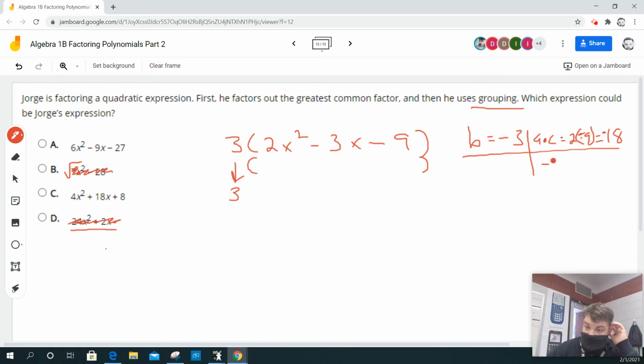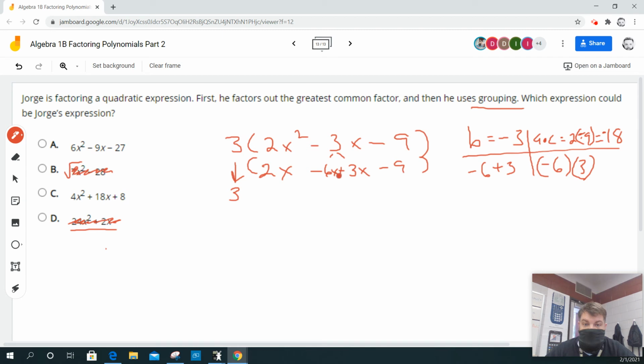So I think that -6 times +3 gives me -18, and then -6 plus 3 gives me -3. So then this middle term becomes -6x plus 3x, and everything else is here.